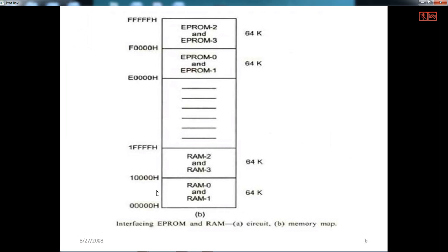Now if you want to interface these memories to your 8086 processor, the 8086 is an Intel make.